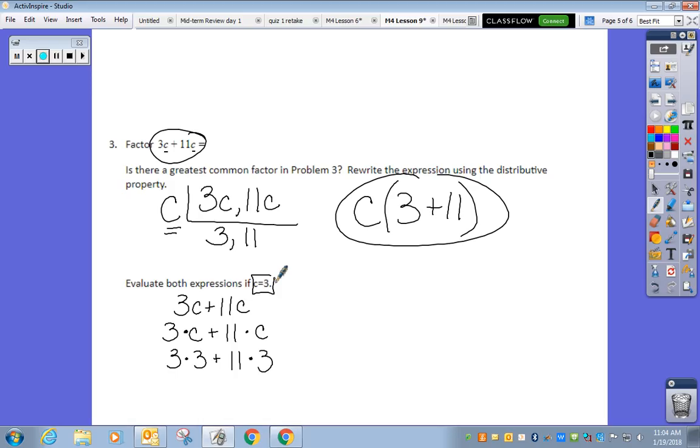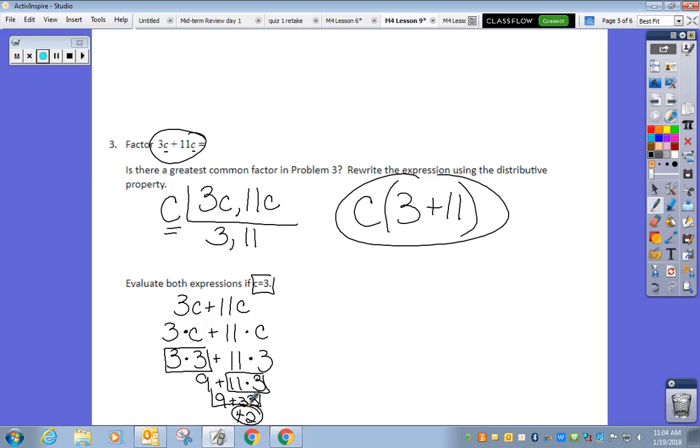Then I'm going to do the order of operations. Multiplication comes before addition. I have two multiplication problems, so I'll work left to right. 3 times 3 is 9, plus 11 times 3. I'll do 11 times 3 next, which is 33. And then I'll get my answer of 9 plus 33 as 42.